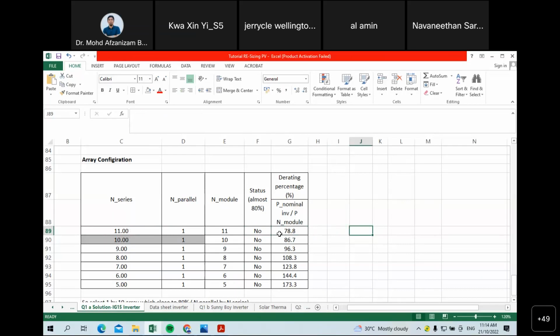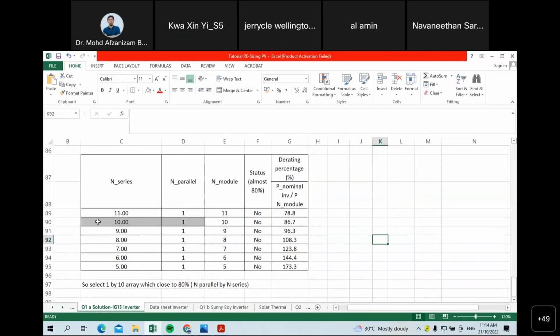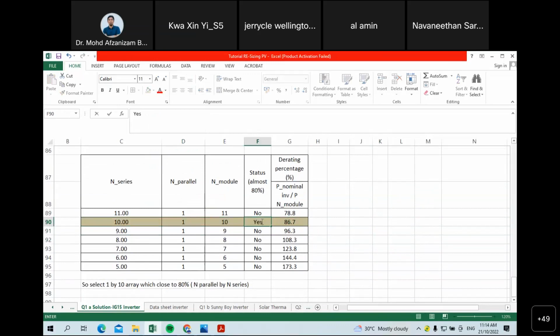And then go for the 10 times 1, 10, and then 86.7, and then 9 times 1. So finally, based on this data, we choose this gray in color. Yes, because it is near 80%.